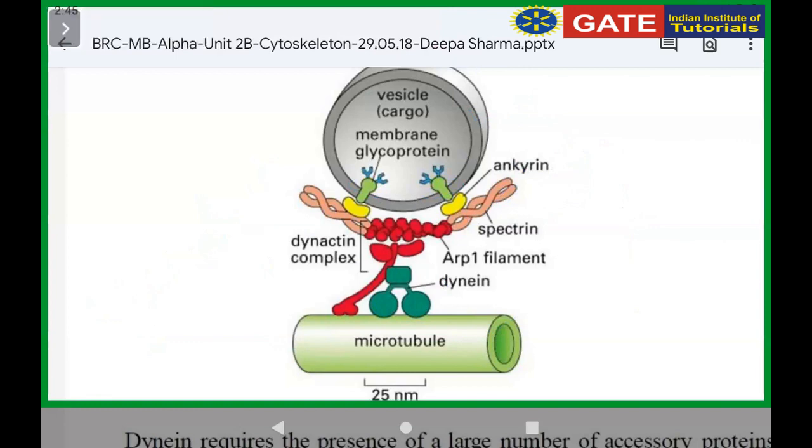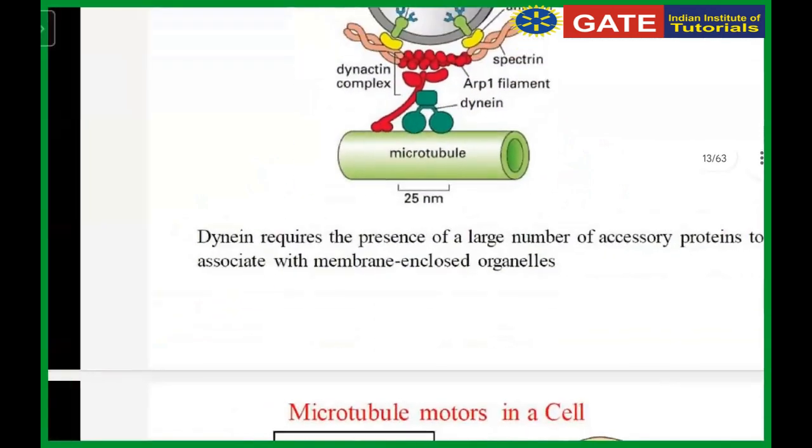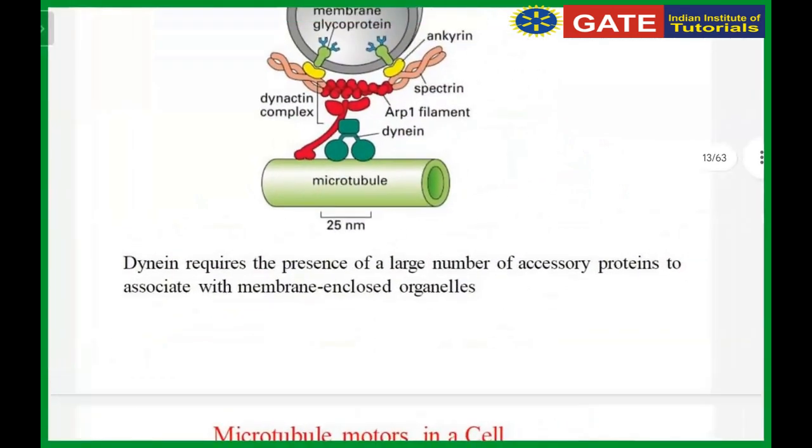So this is the mechanism of intracellular movement. The ankyrin and spectrin are the accessory proteins. Remember.